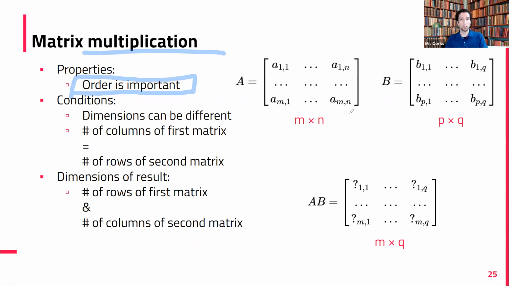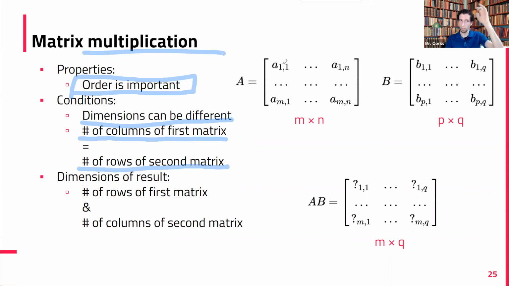So what are the conditions, formally? The dimensions can be different. It's okay if your two matrices have different sizes, but the number of columns of the first matrix must equal the number of rows of the second matrix.